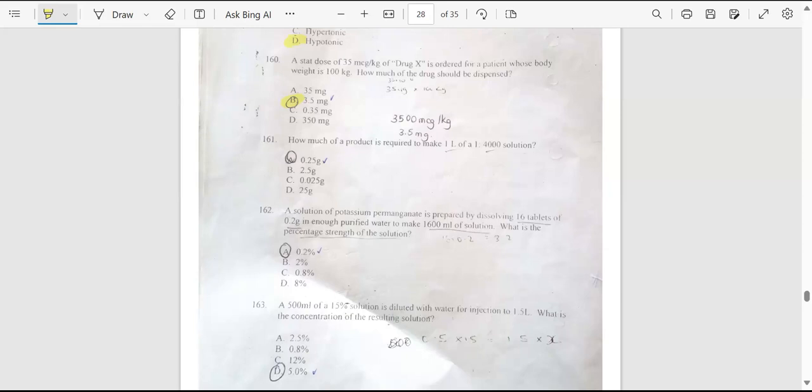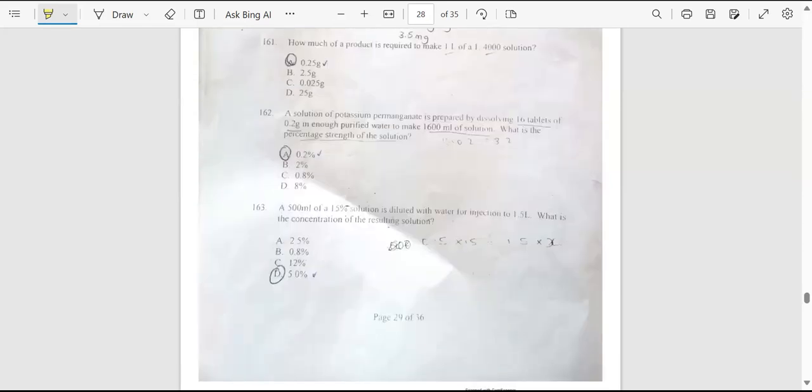Maybe someone can do it. Someone please go with us. Personally, I'm getting the answer in C, but I'm not too sure.